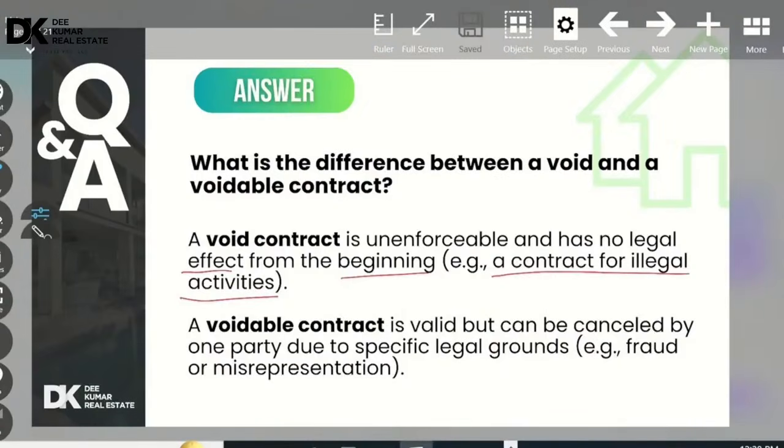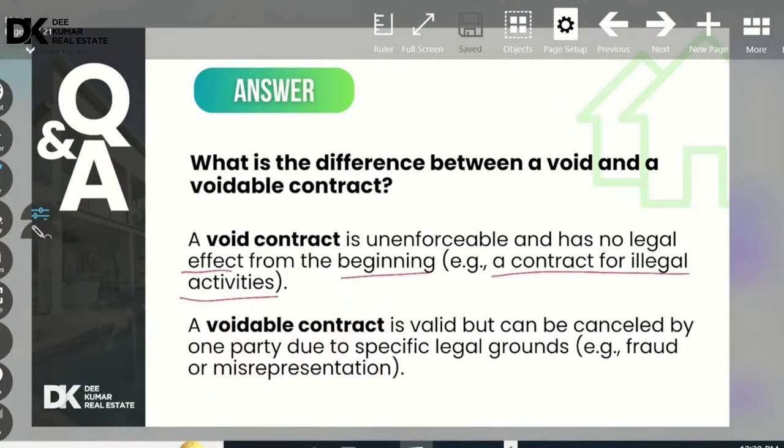There has to be a legal purpose. These are elements that contracts must have. If they are missing any of these elements, for example, if it's for an illegal purpose, then the contract is void. So void contracts are missing any of the elements of a valid contract.